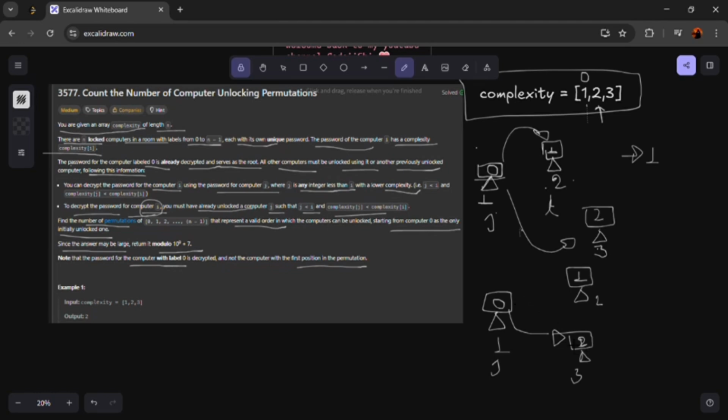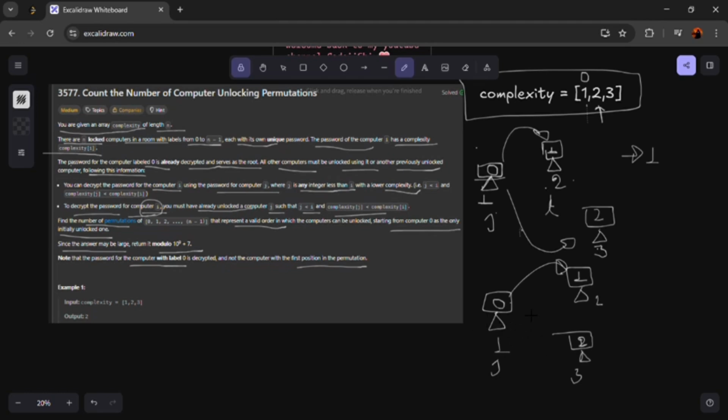After this, we can unlock computer 1 using computer 0, because the complexity of computer 0 is less than the complexity of computer 1.